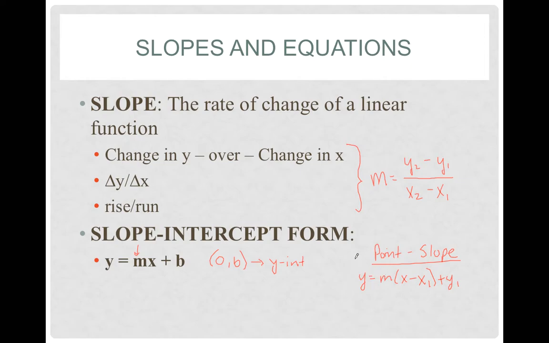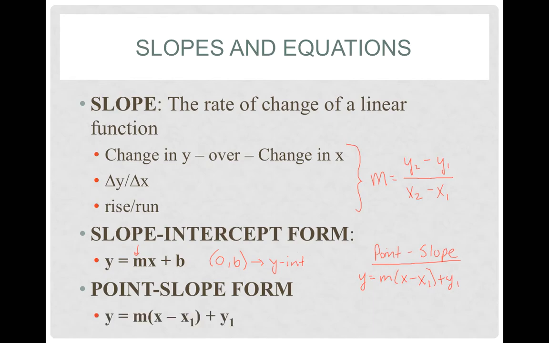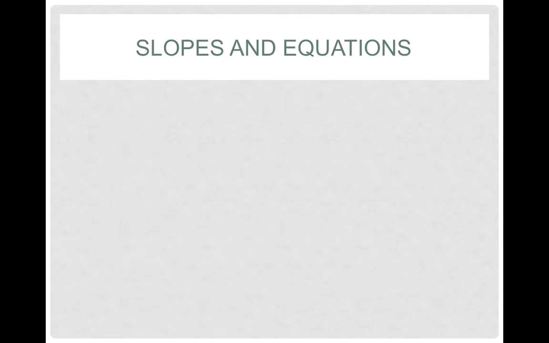And this is a super handy equation to have because you can simplify this down to slope-intercept form rather simply. So there's your point-slope form. Like I said, it's very, very handy to have.